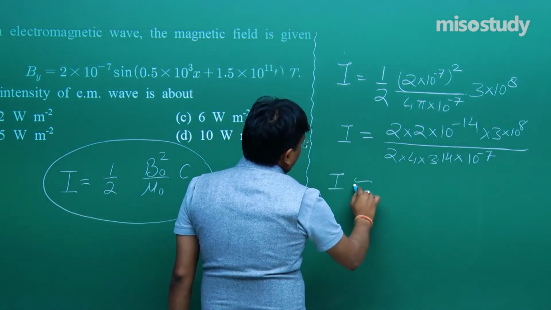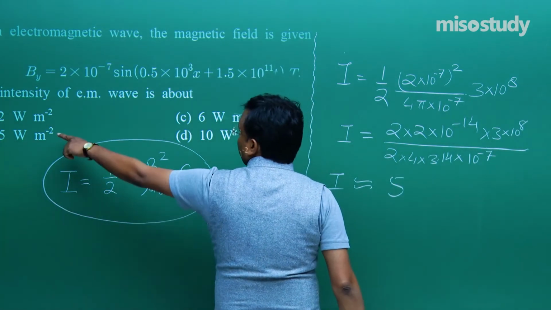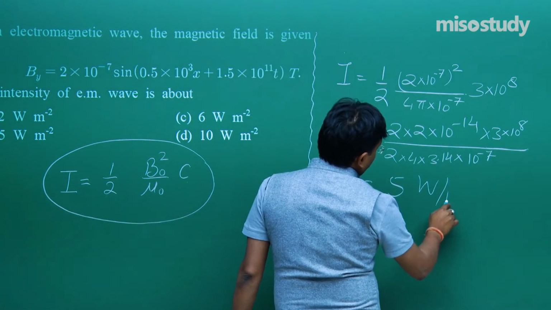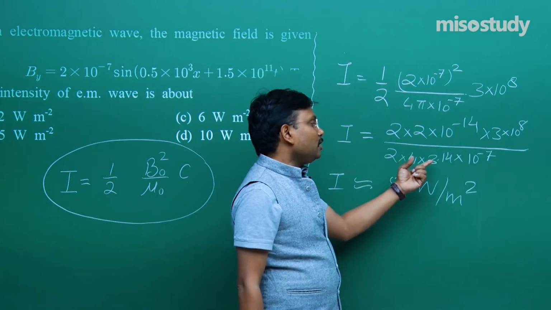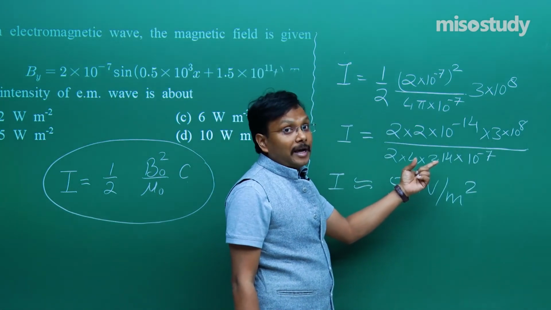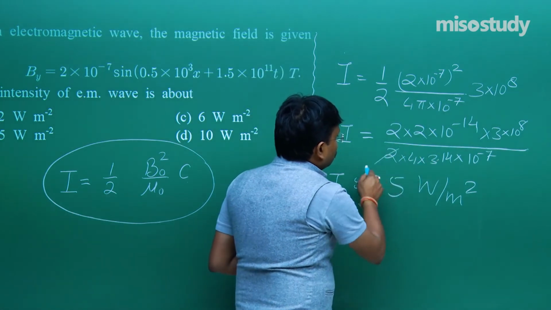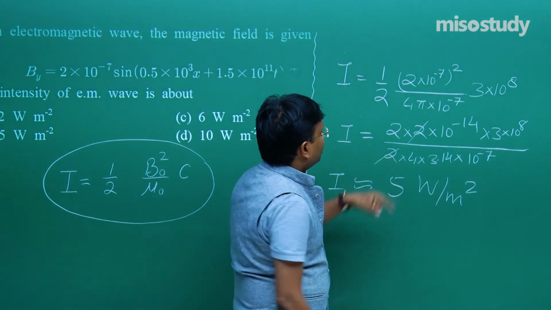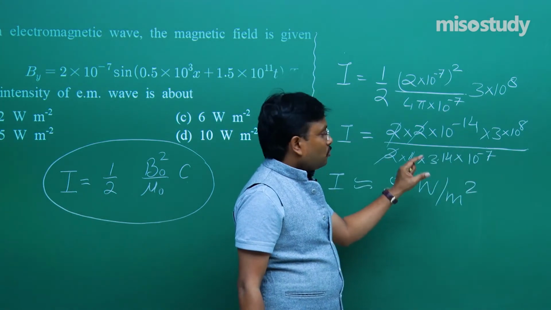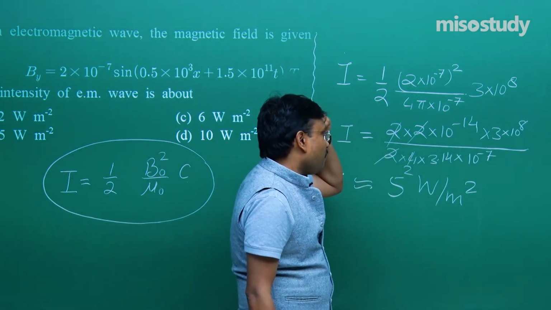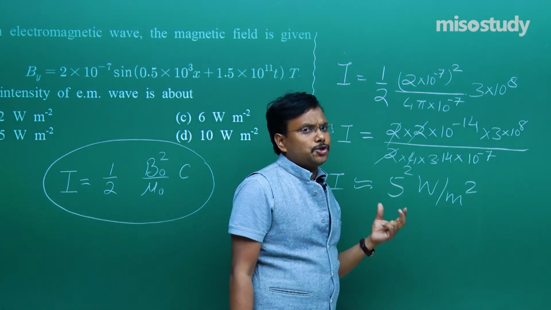So I is nearly equal to 5 watt per meter square. Fine. Now again you will realize the importance of calculation. See, 2 and 2 cancelled, then this 2 and 2 over here, and then this 3. So yes, some fast calculation methods you should learn.